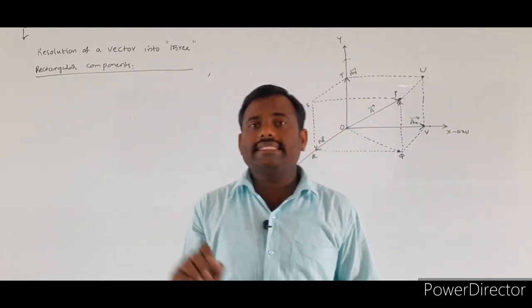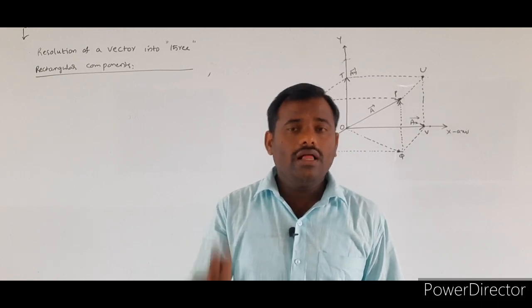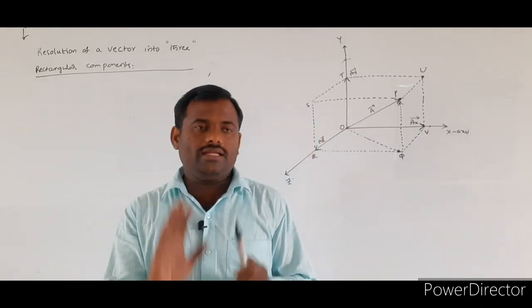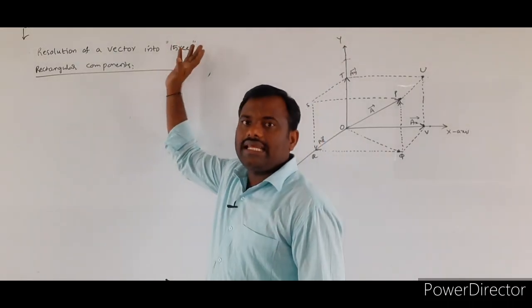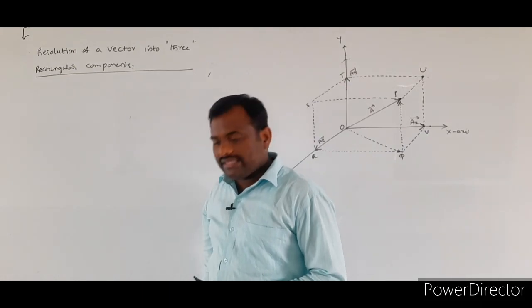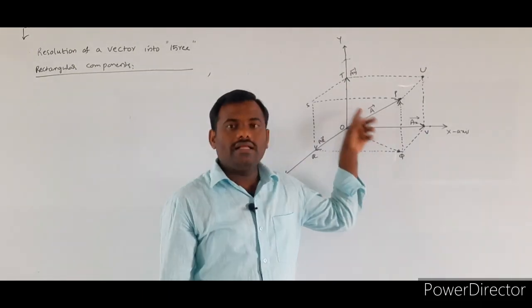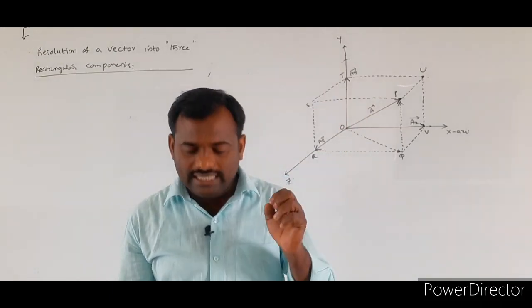There you got the x component as well as the y component of the given vector. But here we need three rectangular components. For that purpose, we consider one vector, say a bar, that will be placed in the xyz plane.